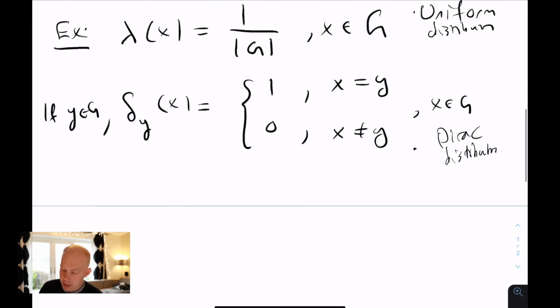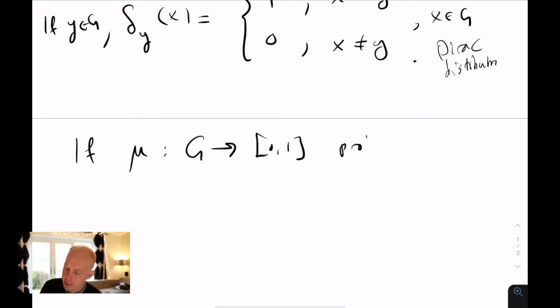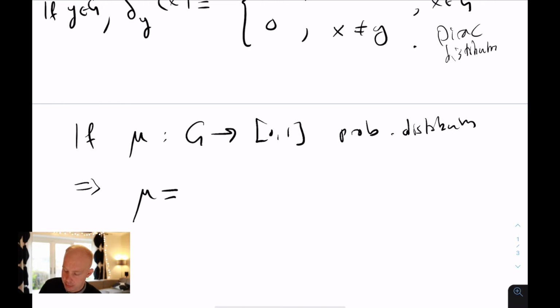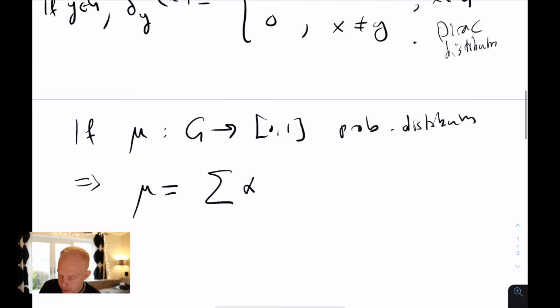If mu is a probability distribution from G to [0,1], then this of course implies that we can write mu as a sum, with some numbers alpha_x, over x from G of the Dirac mass at the point y.